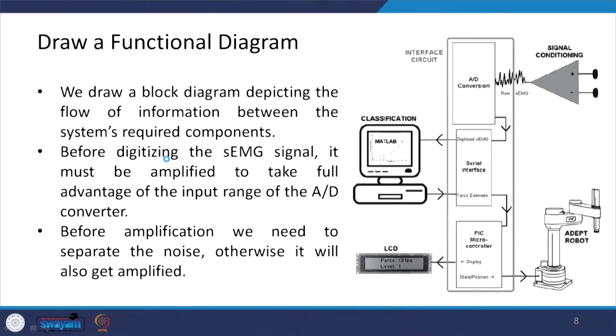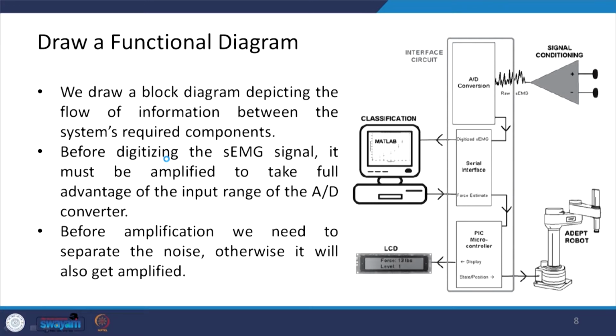Next, after specifying the problem, we look at the functional diagram. Okay. So, in the functional diagram we basically draw a block diagram depicting the flow of information between the system's required components. Okay. And before digitizing the SEMG signal, it must be amplified to take full advantage of the input range of the analog to digital converter.